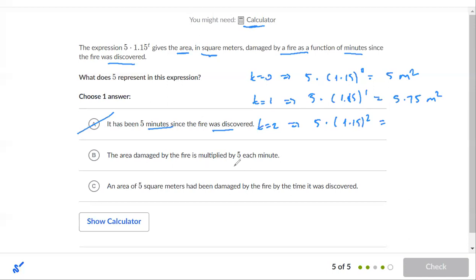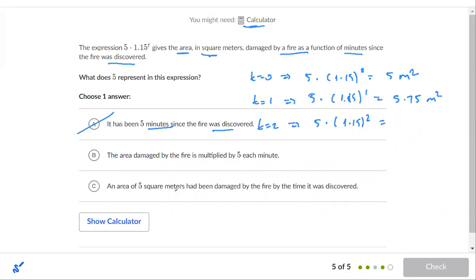Now we have 1.15 times 1.15, so every minute it will continue, and we are multiplying by 1.15, not 5. So the area damaged by the fire is multiplied by 5 each minute is not correct.